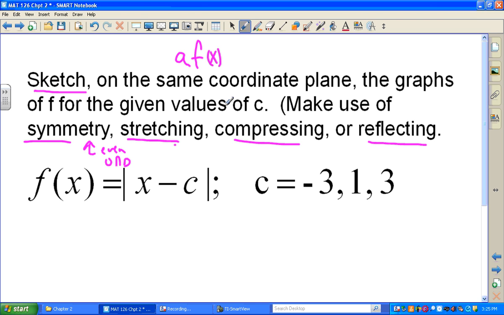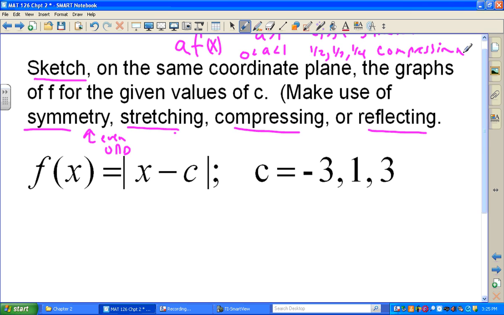If a is greater than 1, like 2, 3, or 4, it's known as a stretch. If a is between 1 and 0, like a half, a third, or a fourth, it's known as a compression. Okay? And reflection, well, that comes from even and odd.